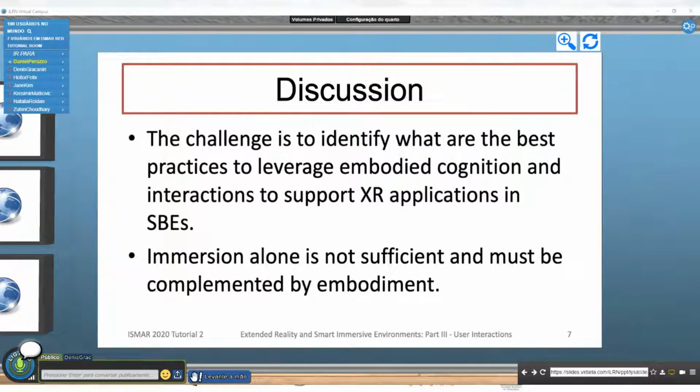So the challenge in this situation is how we can identify the best practices to leverage embodied interactions and cognition to support extended reality applications. And what I would like to emphasize here is that immersion alone is not sufficient and must be complemented by embodiment.